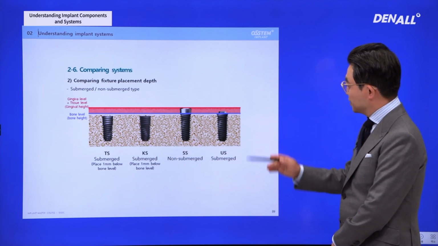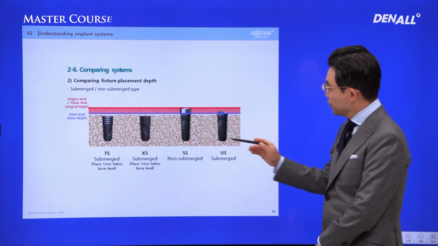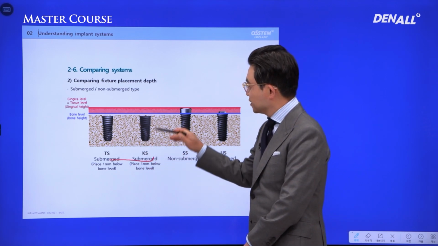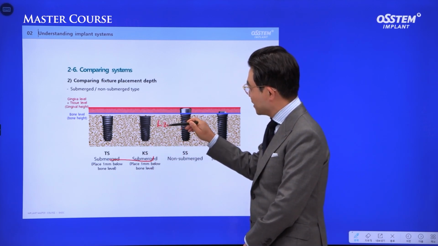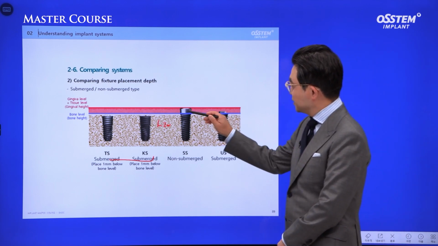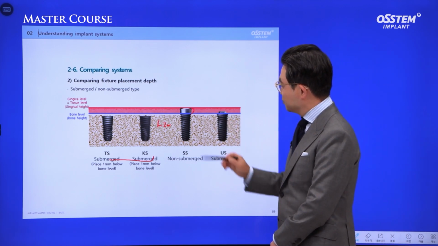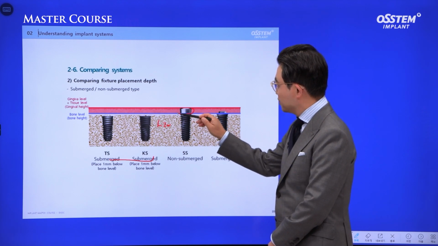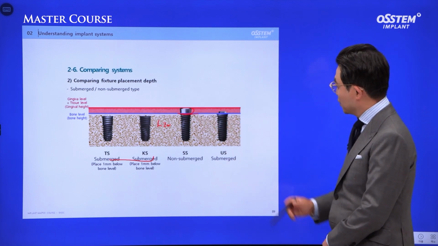So here, if we compare all these systems, for TS and KS, going a bit back would be my recommendation. For SS, non-surface area, solid area, and this borderline, you have to put it on the bone level.